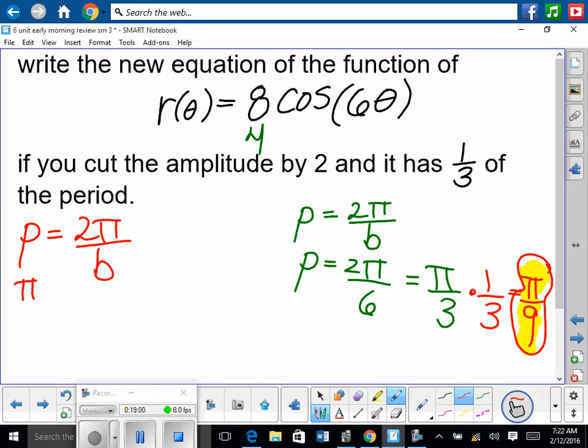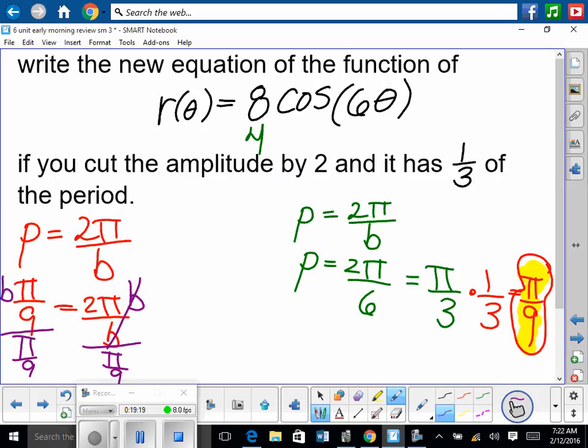So we'll have pi over 9 is equal to 2 pi over b. Then once again, we will solve for b, multiply by b. So then we would divide by pi over 9. So then we would flip, so we have b is equal to 2 pi divided by pi over 9. Flip this second and multiply.